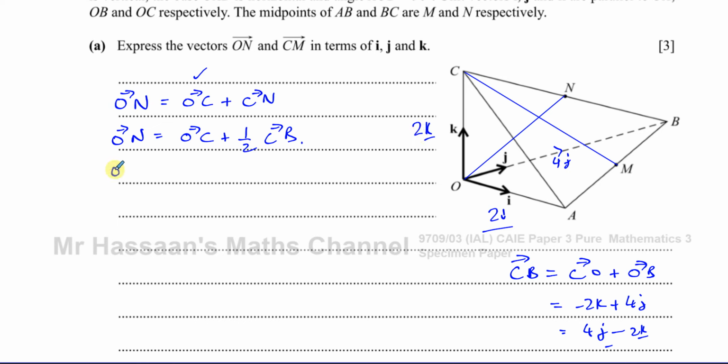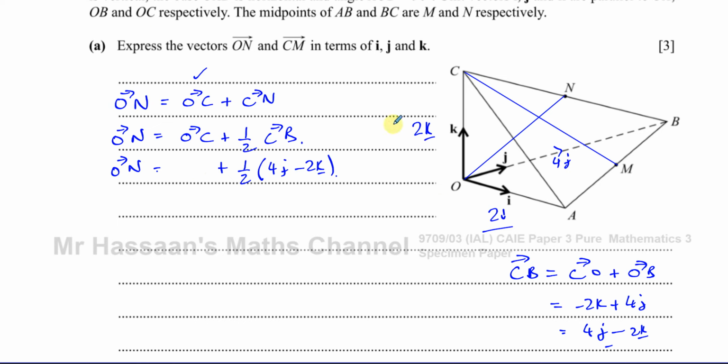So we can say O to N is going to be O to C plus half of 4J minus 2K. This is C to N here. Let's say what O to C is. We know what O to C is.